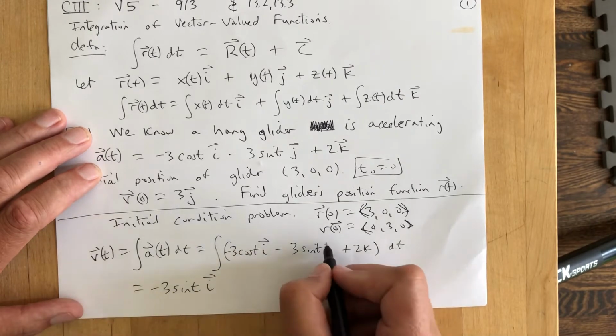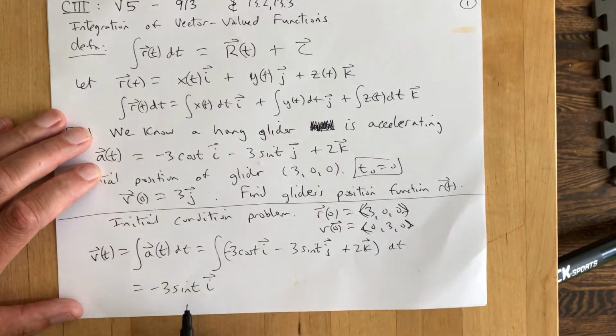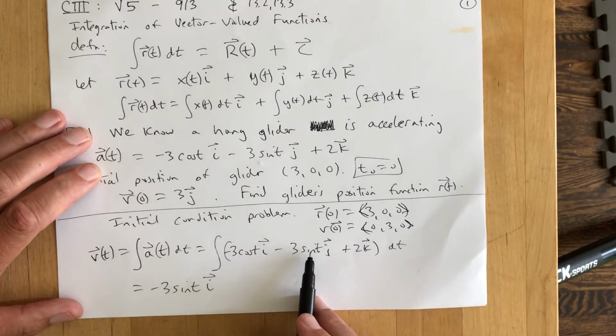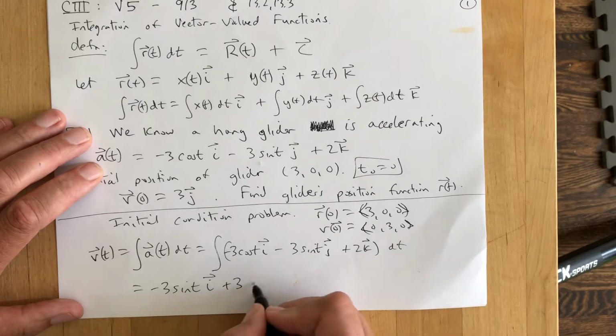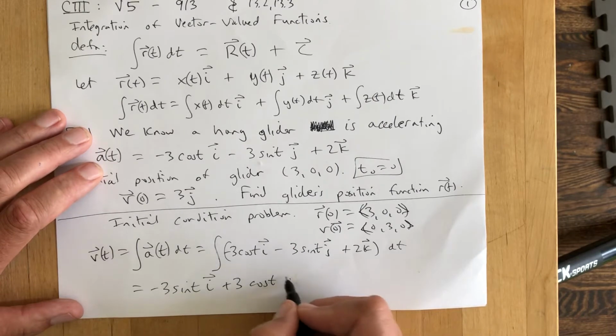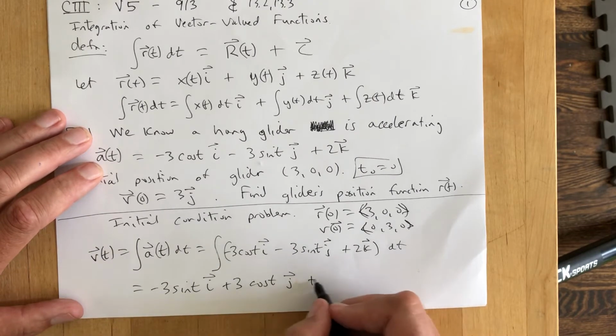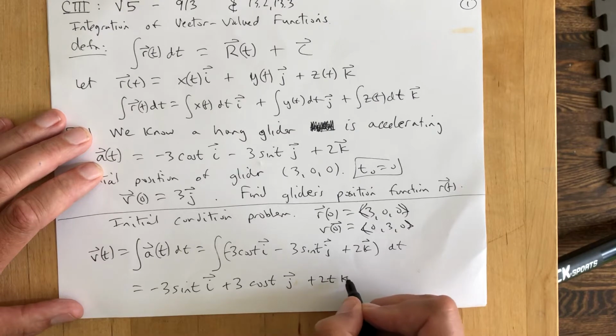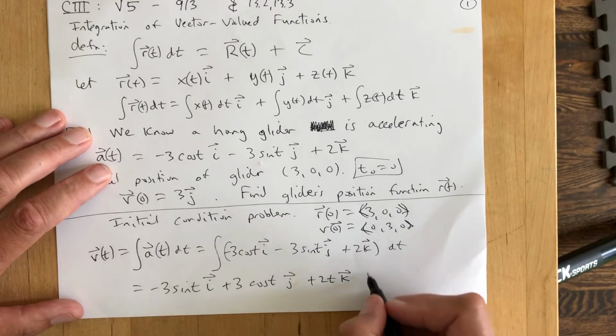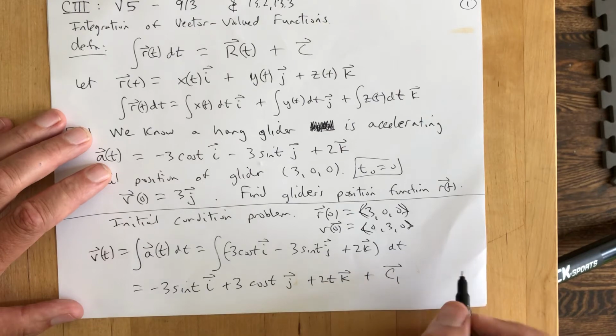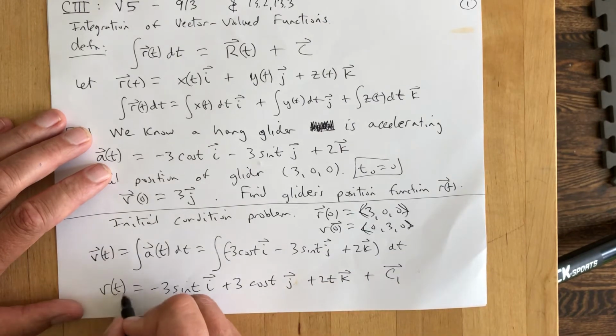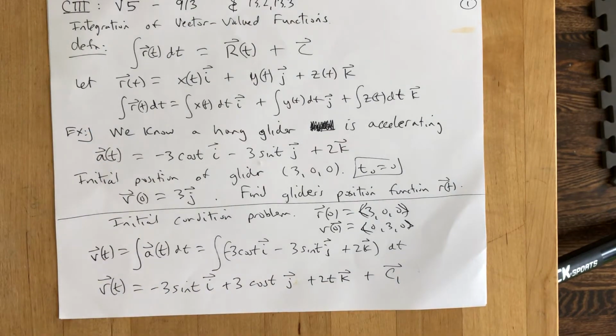These are all vectors, sorry. The integral of sine is minus cosine, so I have plus 3 cosine t j plus 2t k plus some constant vector I'm going to call C1. Okay.